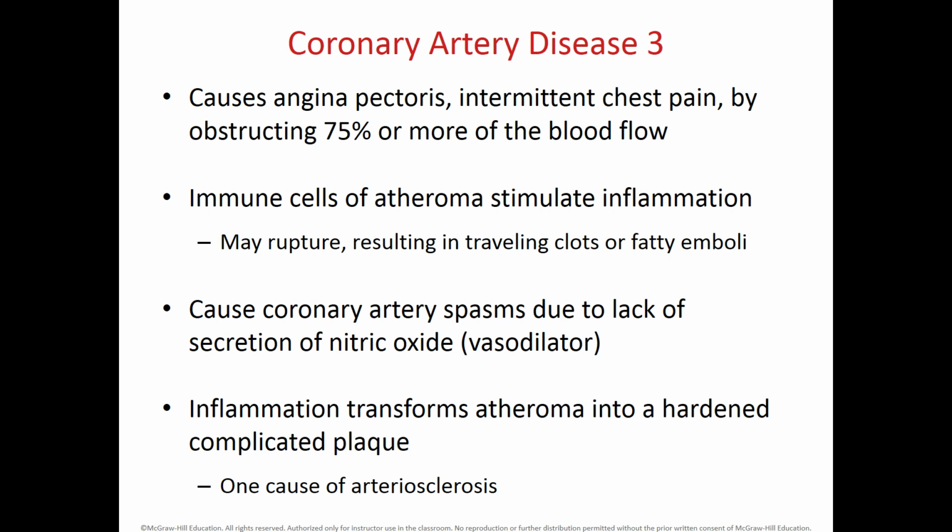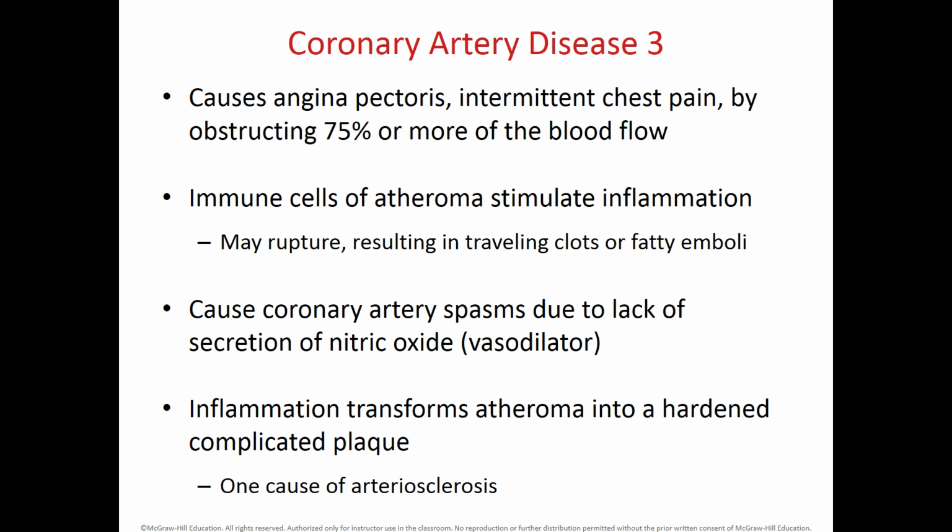If someone has around 75% obstruction of these coronary arteries, the person will start developing angina pectoris first. And if the person has a spasm of the obstructed coronary arteries because the person is under stress, the lumen will be even more reduced, and then the angina pectoris will be more severe.